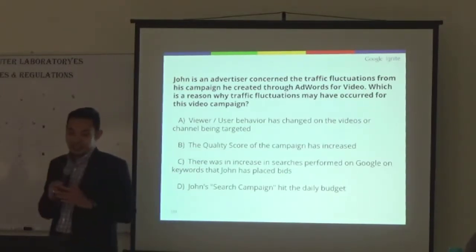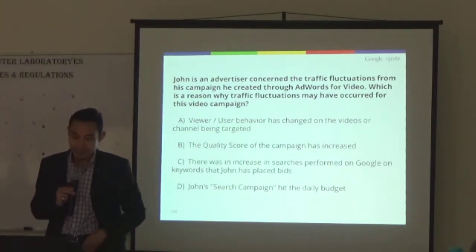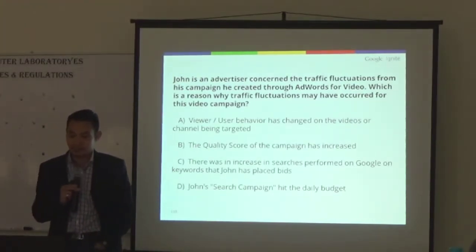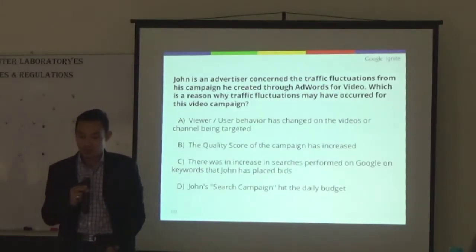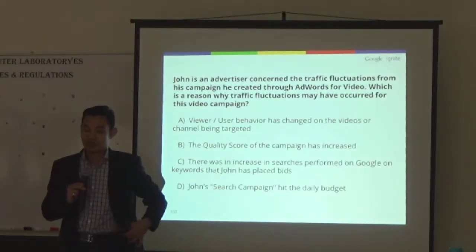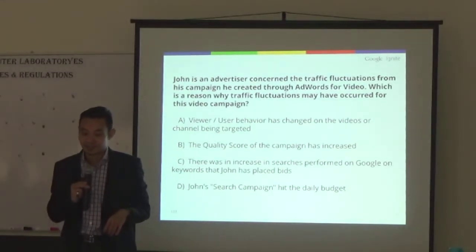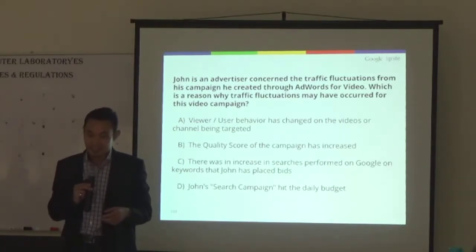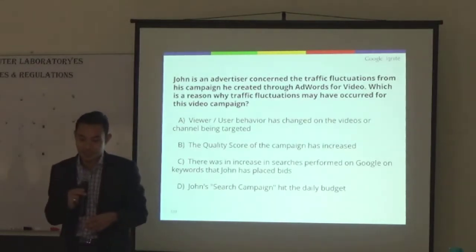Next question. John is an advertiser concerned about traffic fluctuations from a campaign he created in AdWords for video. Which is the reason why traffic fluctuations may have occurred for this campaign? A, video user behavior has changed on videos or channels being targeted. B, quality score of the campaign has increased. C, there is an increase in searches performed on Google on keywords that John has placed bids on.